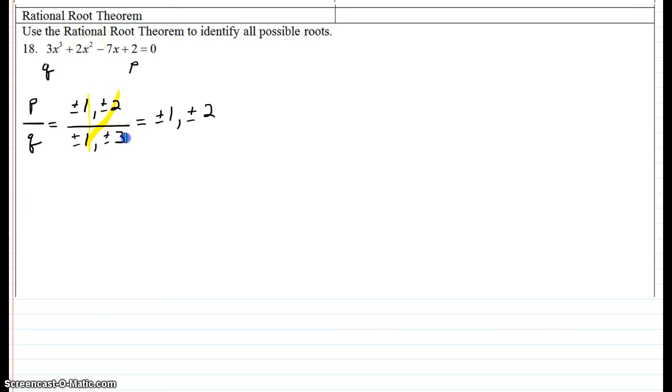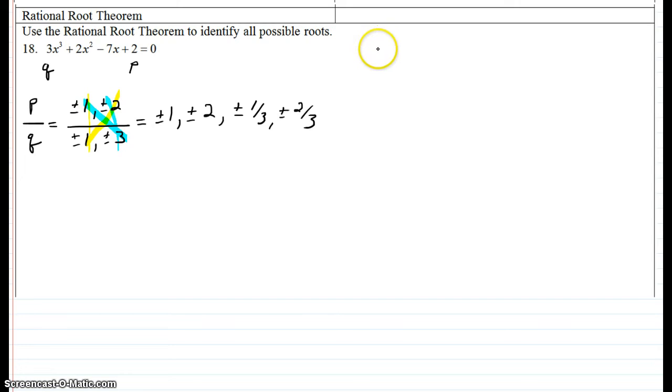Now we look at 1 over 3 or 2 over 3. So plus or minus 1/3 and plus or minus 2/3. So now we have 2, 4, 6, 8 possible factors using our rational root theorem, and so now we just start doing our synthetic division.